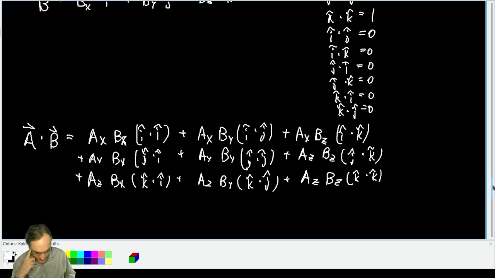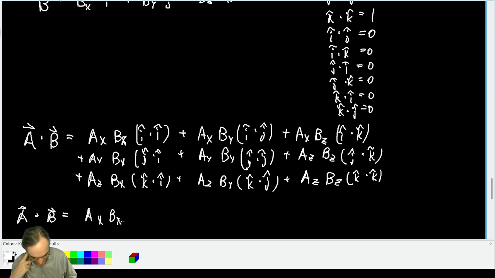All right, so out of these 9 terms, the first one, I hat dot I hat, is 1, and it survives. So we get AX BX survives. AX BY is 0, AX BZ is 0 because I dot J is 0 and I dot K is 0. J dot I is 0, but AY BY survives because J dot J is 1.